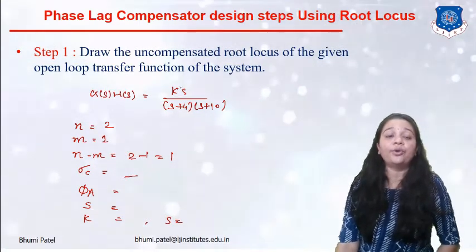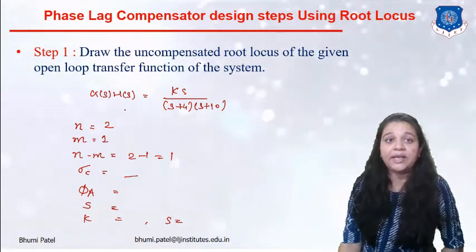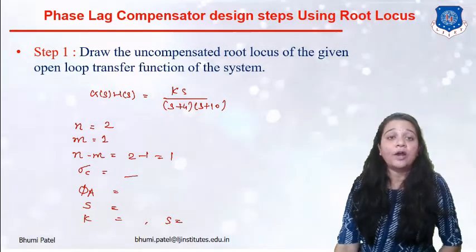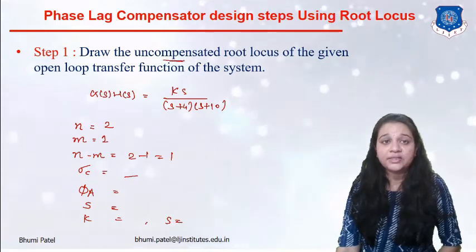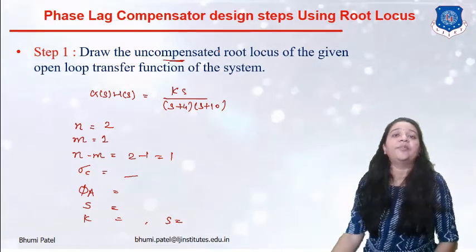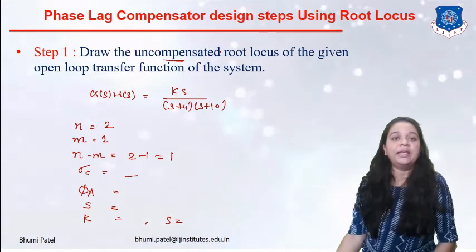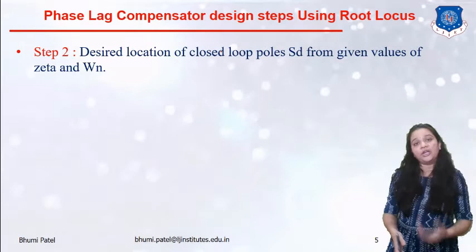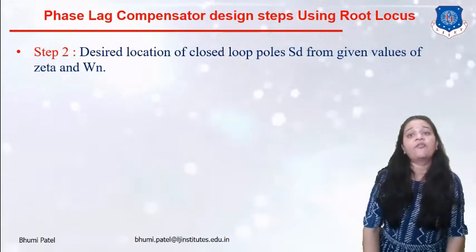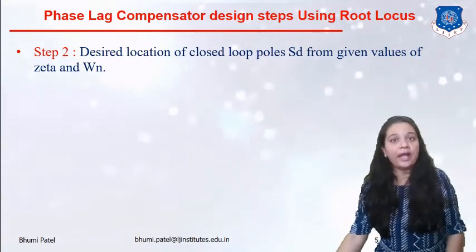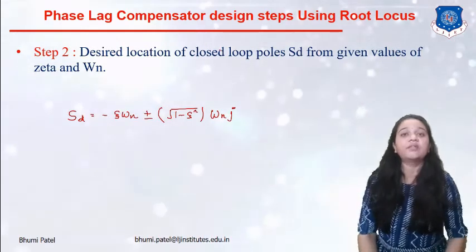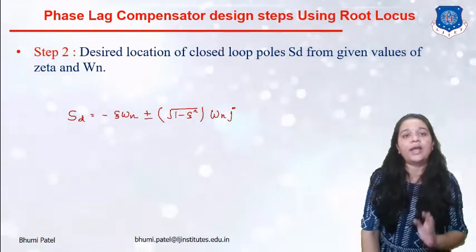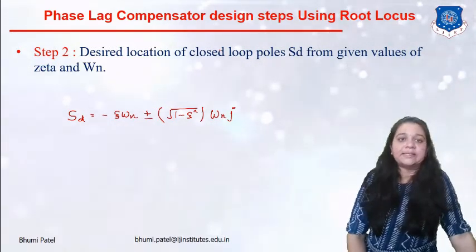Now as you know, whenever we draw the root locus and the output of the system is the uncompensated root locus, at that time we have to apply a phase lag compensator. Step number 2: the desired location of the closed loop pole sd from the given values of zeta and omega n. The equation of sd is equal to minus zeta omega n plus or minus j omega n under root of 1 minus zeta square.